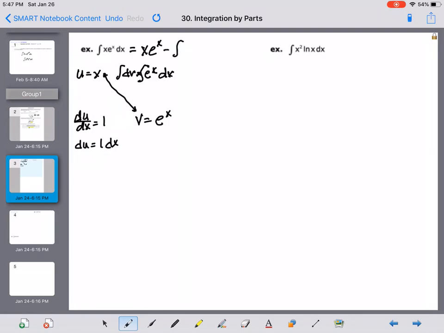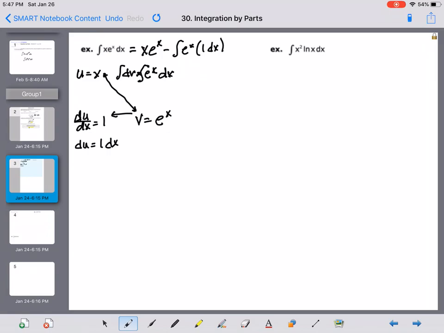And then we go from here, our v du. So e to the x times 1 dx. So we're not really using that first part or that second part up at the top right corner. We're using that path to create and put in our equation.